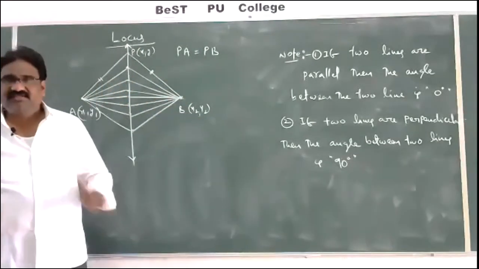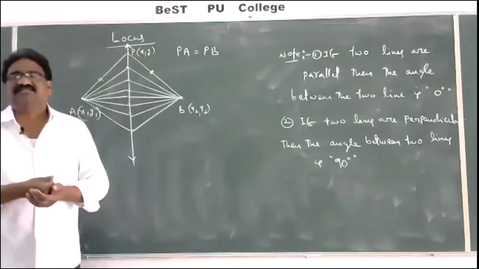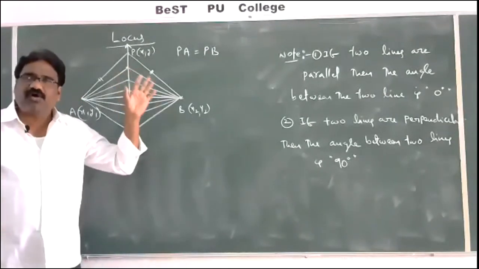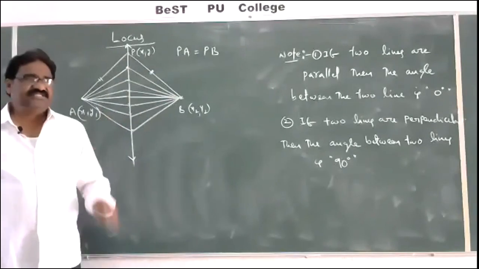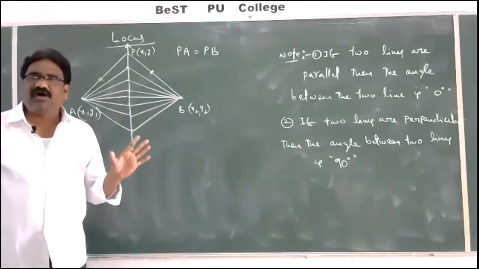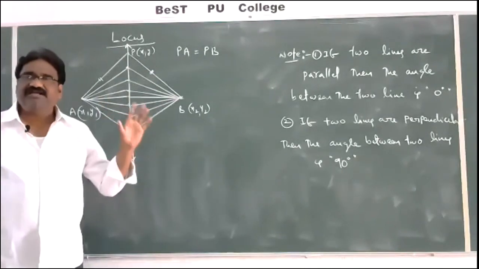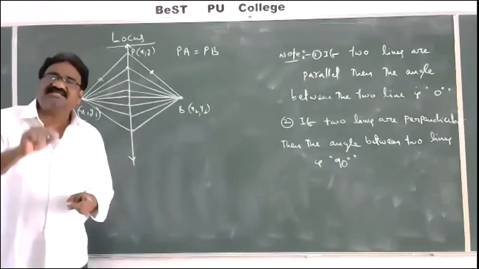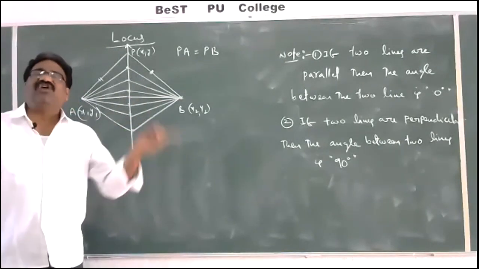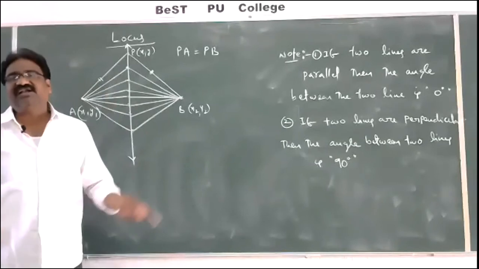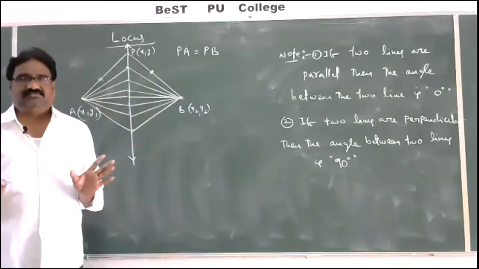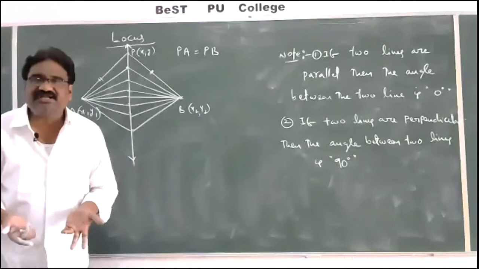Locus of P. So what is the definition of locus? The set of points in a plane which satisfy the given well-defined property or given well-defined geometrical condition. What is the geometrical condition?